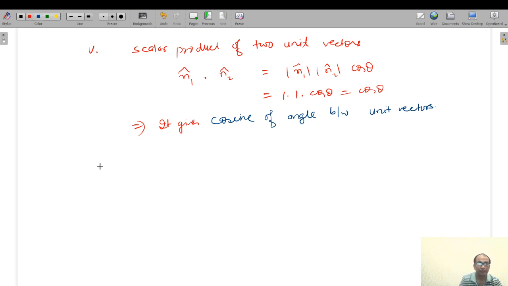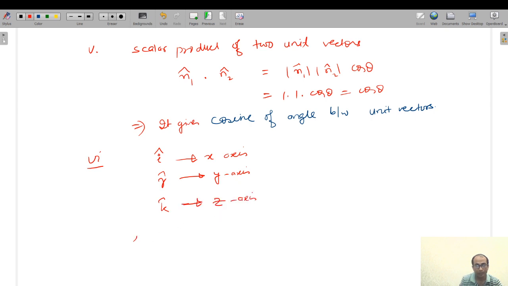Okay, so in Cartesian form we have unit vectors i along x-axis, we have j along y-axis, and we have k along z-axis, right?